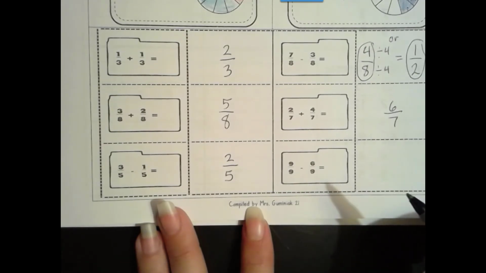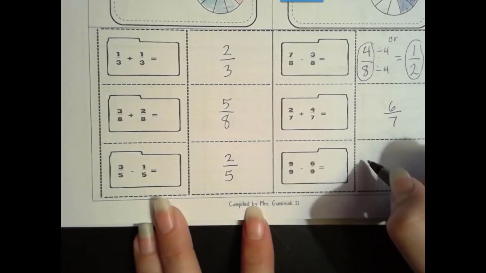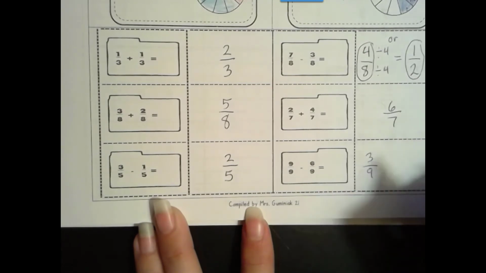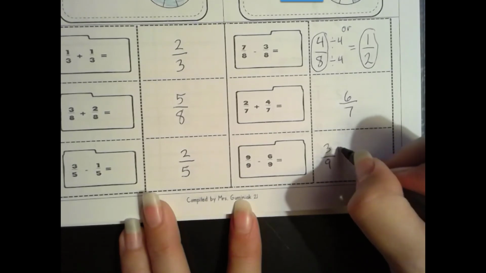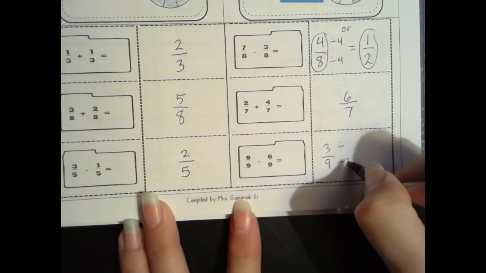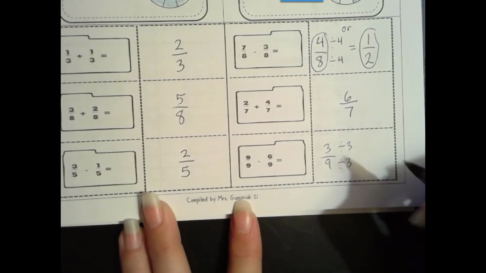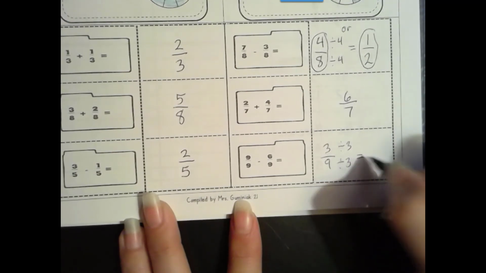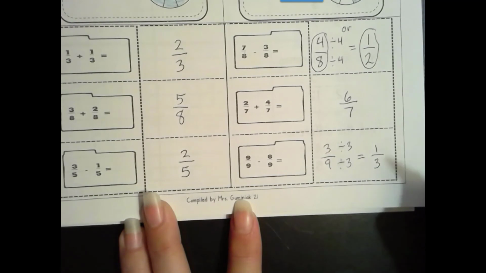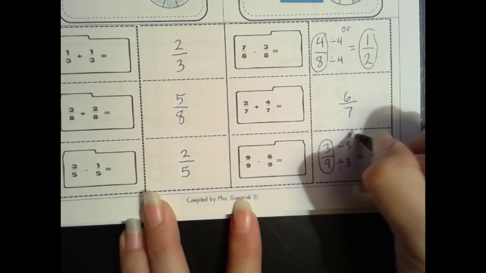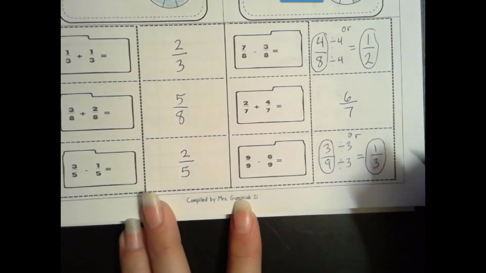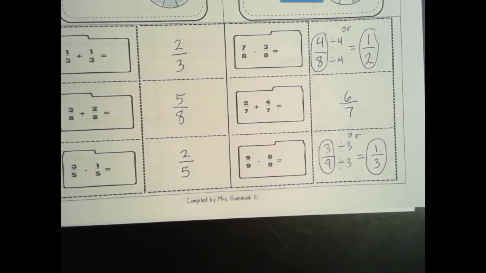If I take away 6 of those 9 pieces, then I have 3 of those 9 pieces left over. This is another one that I have a common factor, and I can get the equivalent fraction of 1/3 in lowest terms. So this is correct, but this is the simplest form and could be more useful, especially when you have to use it with larger numbers.